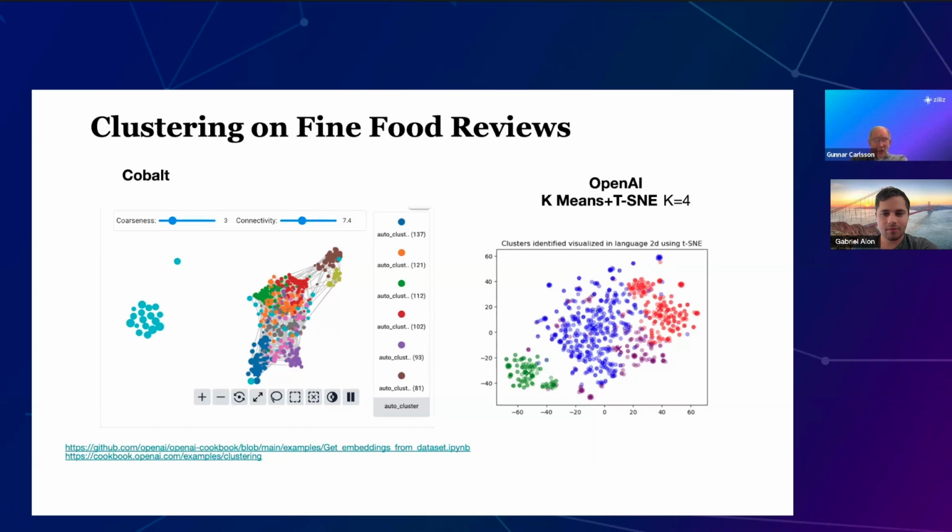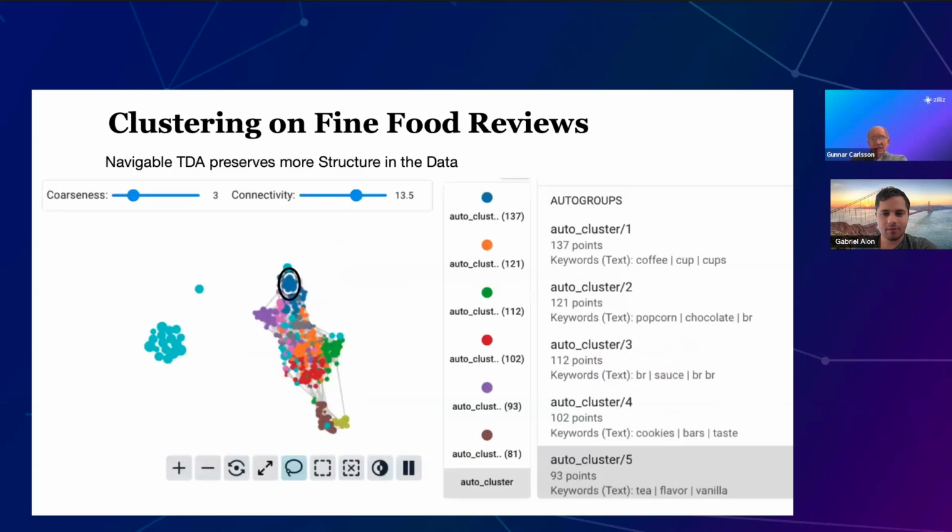But on the left is Cobalt, our navigable clustering product, which shows you a different clustering with much sharper defined groups, and also different groups that weren't even identified in the k-means. So in fact, what you can see here is that there's a group like this, defined by a clustering which is based automatically on our network.